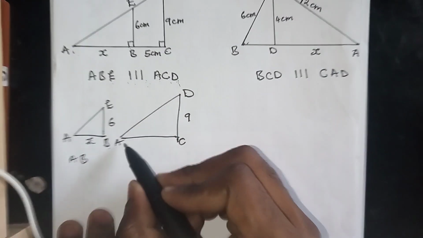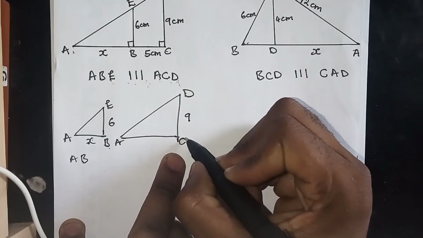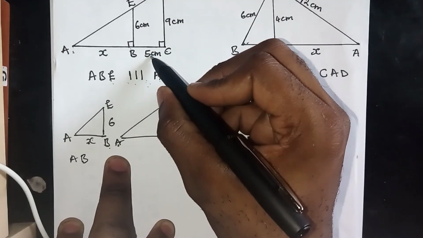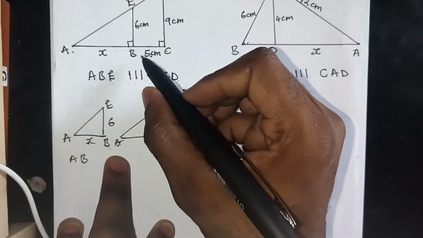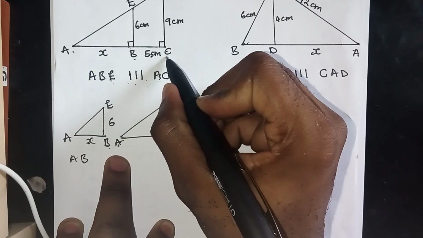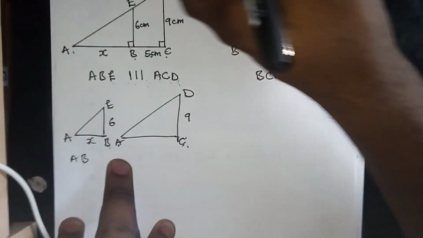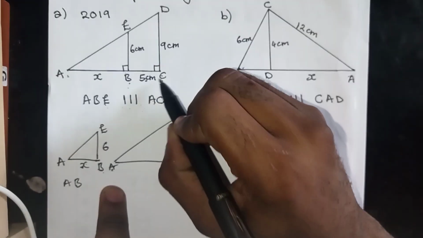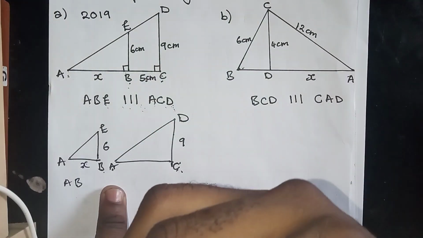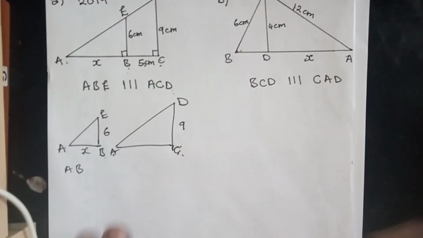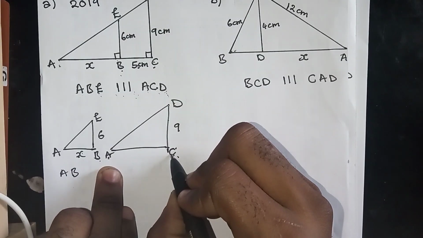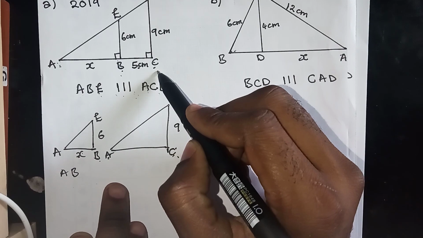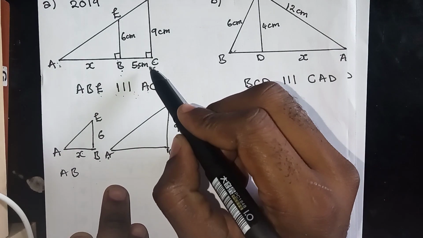So now this is 9 centimeters. This one AC is not 5 centimeters. 5 centimeters is the distance from B to C. If you are not sure, in the opening statement, you always have something like BC is equal to 5 centimeters. So this distance is the distance from A to C. So that means to get it, you need to add.